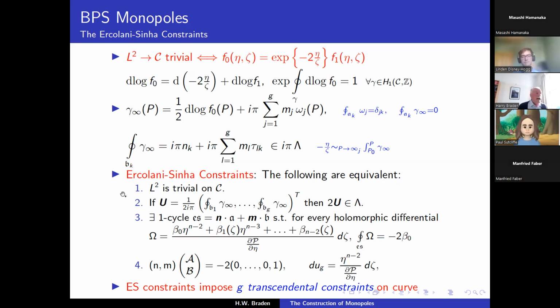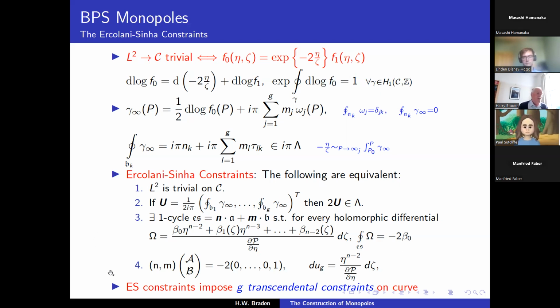And Houghton, Manton, and Romao gave a dual form of these in terms of a vector, a cycle that I'll call the Ercolani-Sinha vector on the curve, which has the conditions. So this just comes from applying the Riemann bilinear relations to the Ercolani-Sinha constraints. What's important for us is that the Ercolani-Sinha constraints impose g transcendental constraints on the curve.